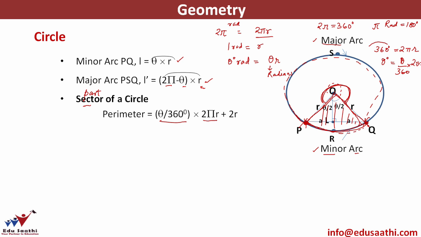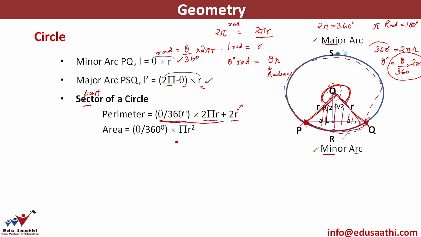The one that we have solved here, theta by 360 into 2 pi r, is the length of the minor arc, plus this radius and this radius, which basically forms the two sides of the sector. So this will be for the sides and this will be for the length of the arc. This is same as this. Here this theta is in radians. If I convert it into degrees, it will be theta by 360 into 2 pi r.